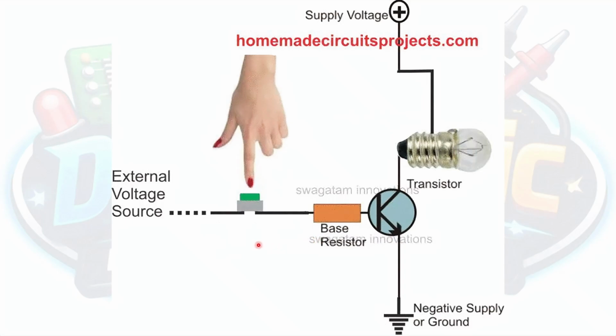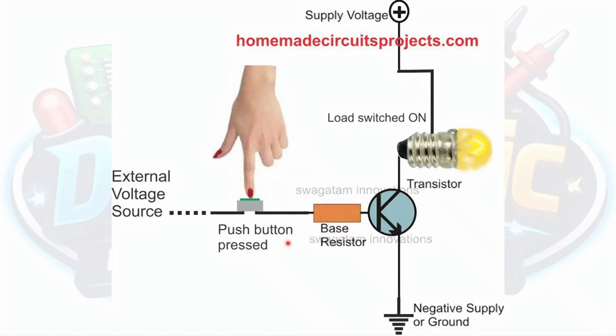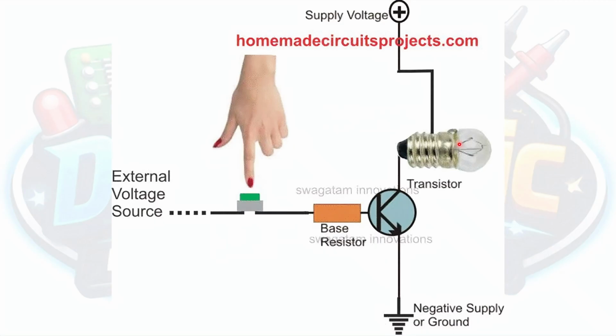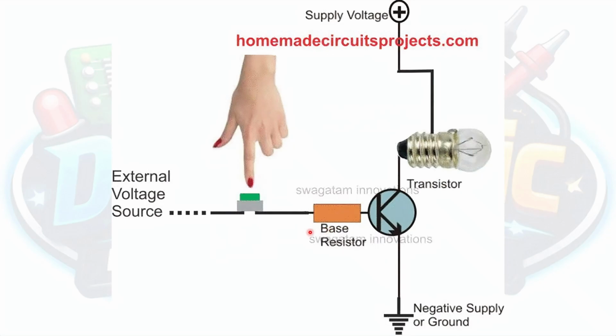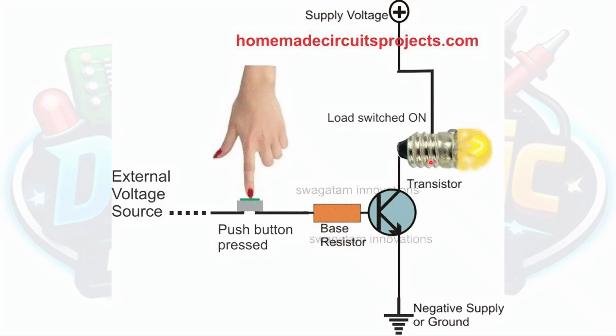As you can see from this animated GIF, when the push button is not pressed, the load on the collector is off. Why? Because there will be no base current running through the transistor. So base current is 0, therefore collector current will also be 0, and that bulb will be off.